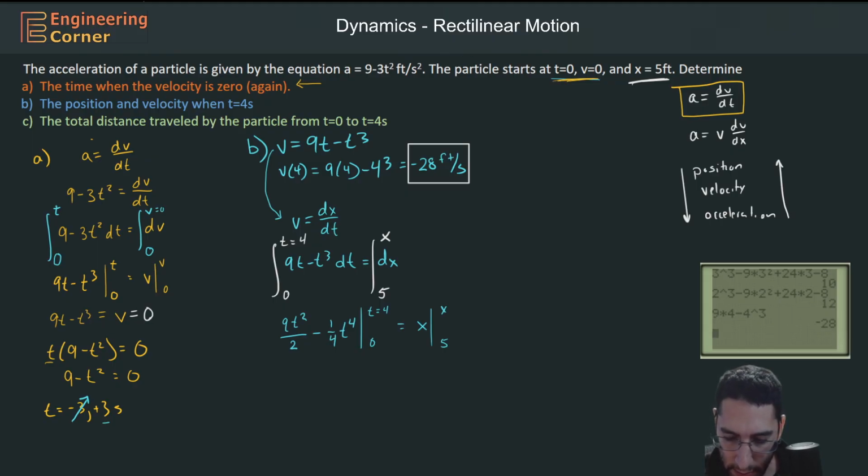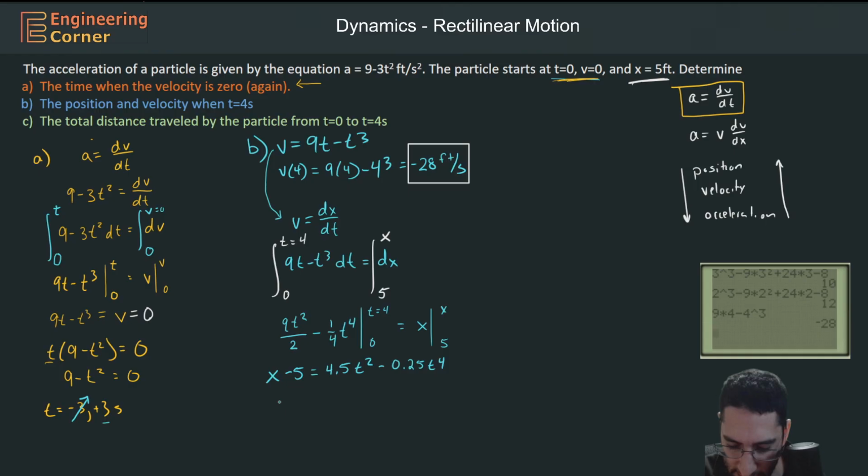Okay? I just like to get the expression for whatever x is. So in this case, I'll have x minus 5 when I evaluate this side is equal to 4.5 t squared minus 0.25 t to the 4th.